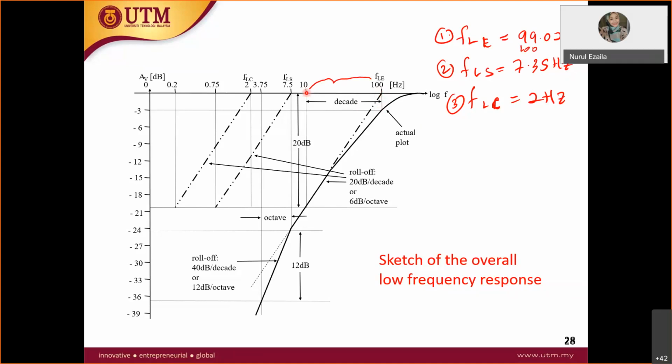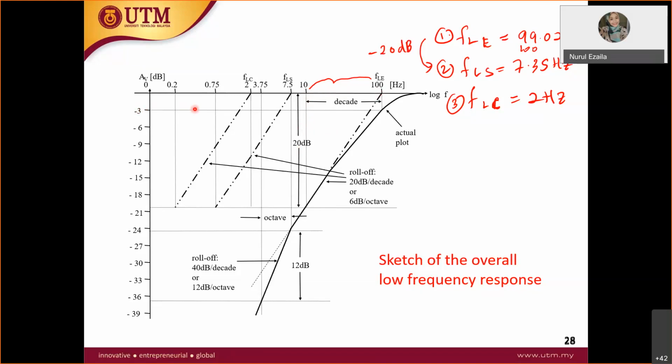So from the first frequency to the second frequency, it will drop by negative 20 dB. So this is your very first point. From 100 to 10, you make a line over here, and drop by minus 20 dB, you also make a line over here.